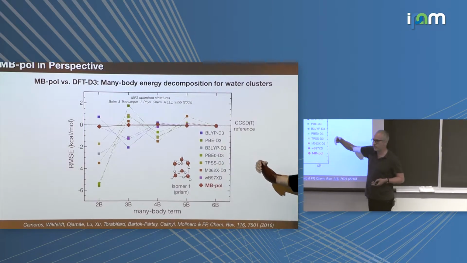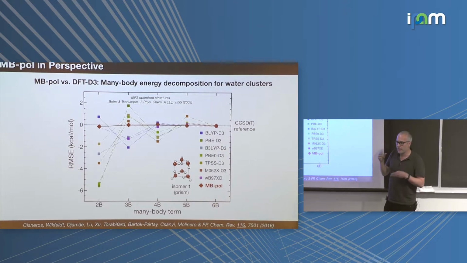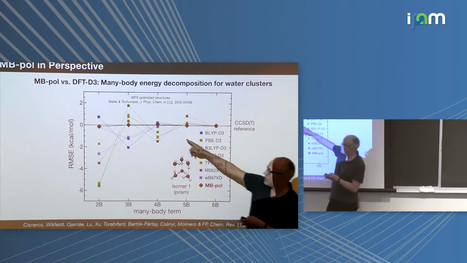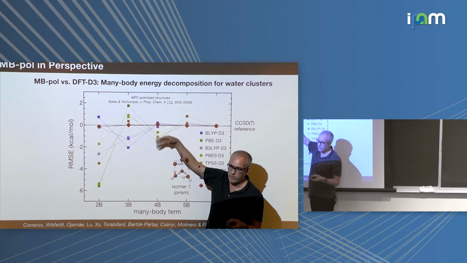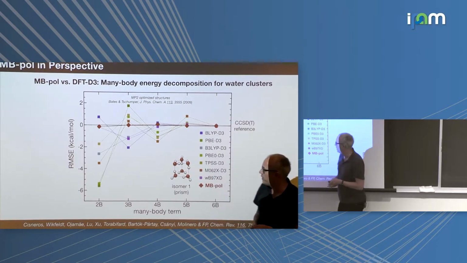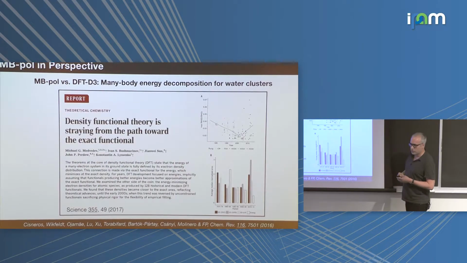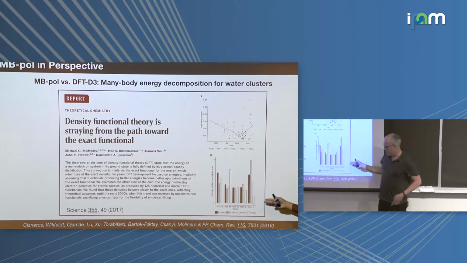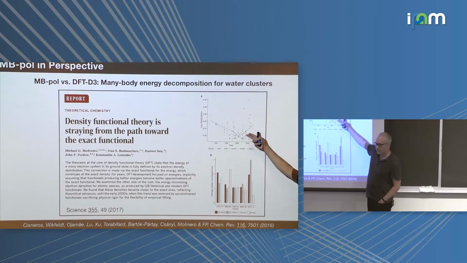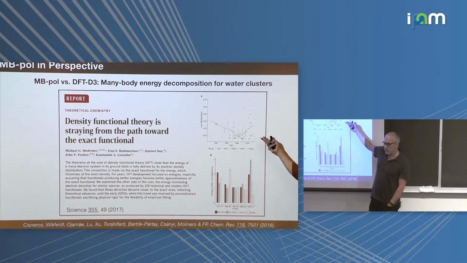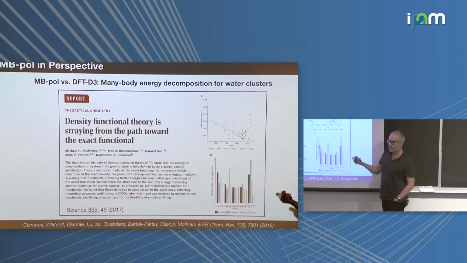This is an indication that it's not that the interaction energies are wrong, but the description of the monomer density is wrong, because obviously in the classical picture I showed you that these energies come from the polarization of my monomer. And this is strictly related to what John Perdew said a few years ago in Science, that modern functionals are diverging from what they should do because they're not able to reproduce the electron densities correctly.